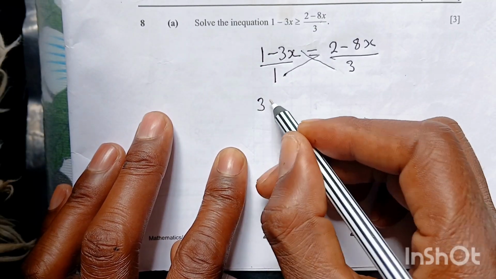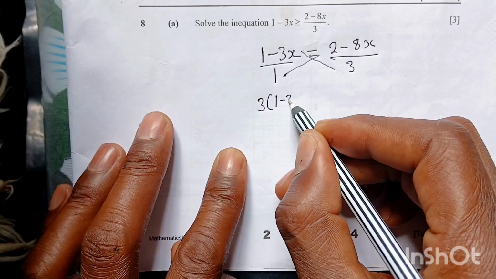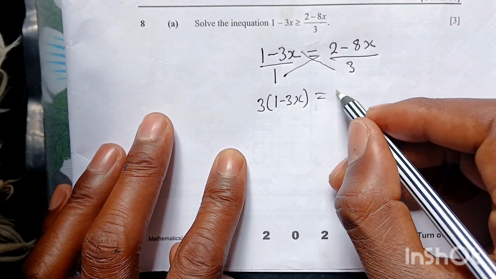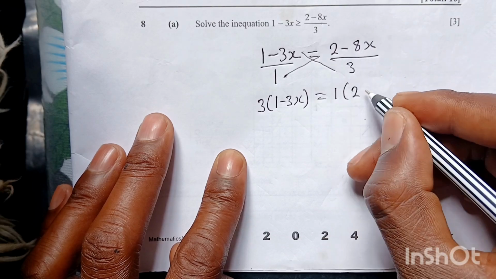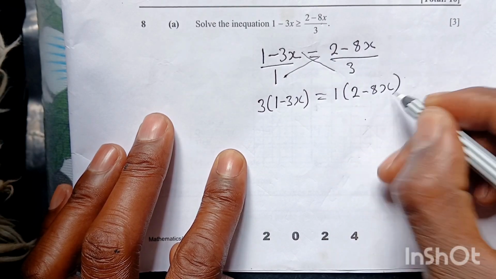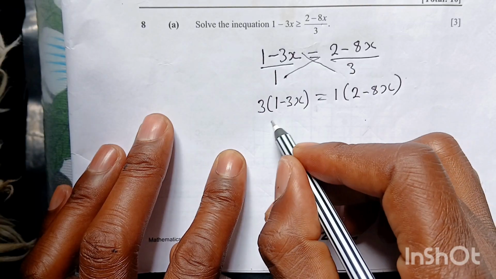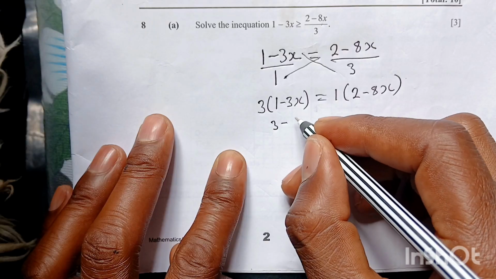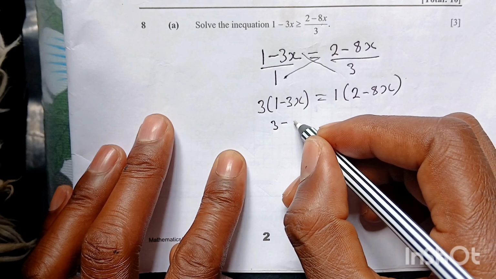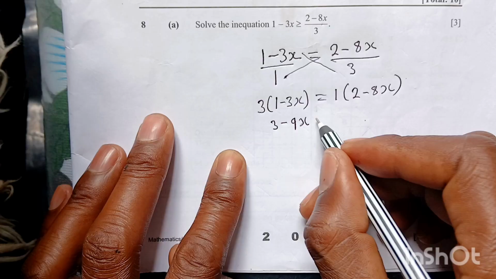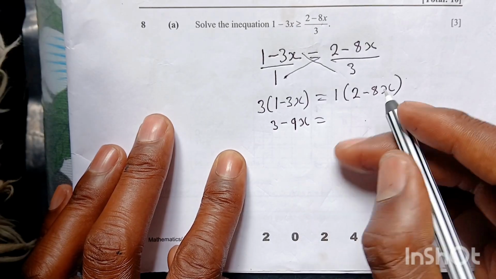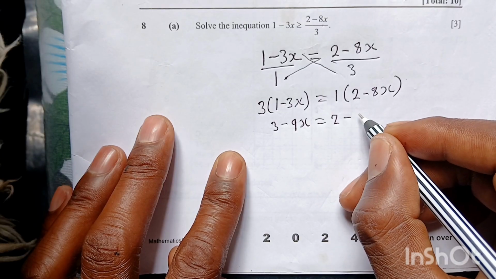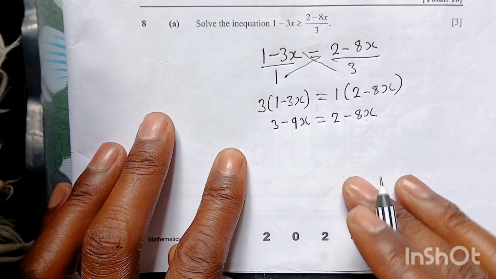So it will be 3 multiplied by 1 minus 3x, equals 1 multiplied by 2 minus 8x. Then you multiply. 3 times 1 is 3, 3 times negative 3x is negative 9x, equals 1 times 2, which is 2, and 1 times negative 8x, which is negative 8x.